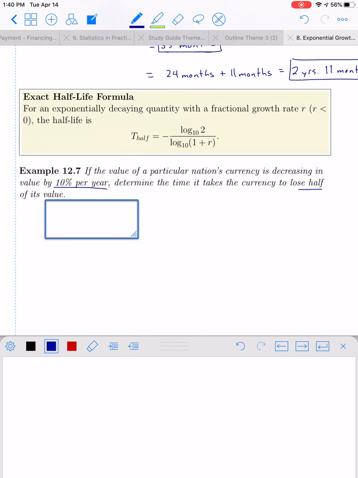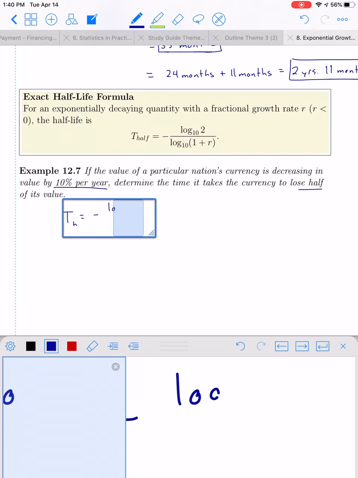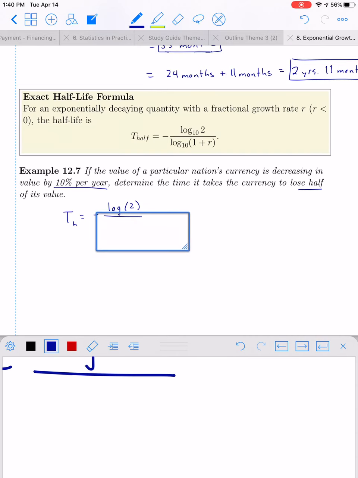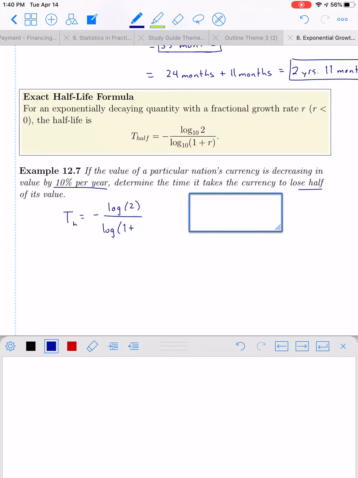So let's see, T half is equal to negative log 2. I'm using that minus sign that's in the formula. Log 2 is up top. Again, that's common log. We don't have to put the base 10. We can use any logarithm we like. There's log and ln in calculators, so either of those is fine. And then we have log of 1, and then plus, what is r?